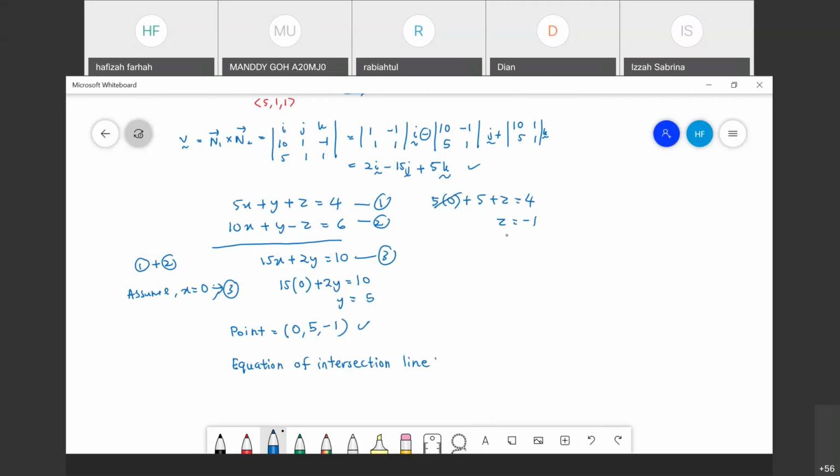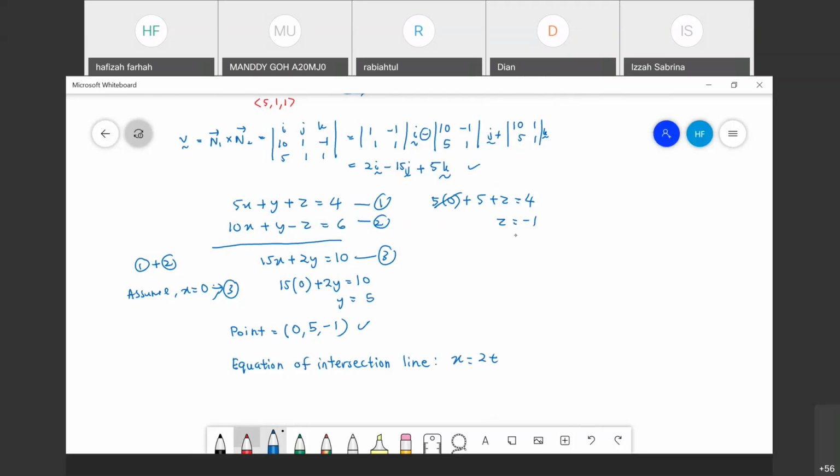You can write either in symmetric form or parametric form. It doesn't matter because the question didn't state to use symmetric or parametric. So we can use x equals x naught, which is 0, plus at, so our a is 2t.